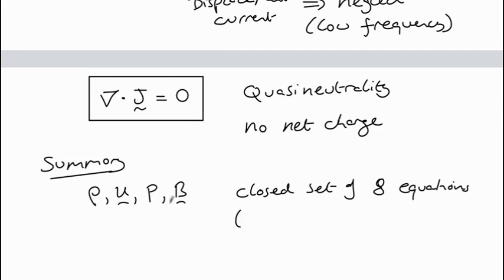If you use divergence of B is 0, that removes one of the degrees of freedom, and so there's actually 7. So if divergence of B equals 0 is included, that then removes one of the degrees of freedom here.